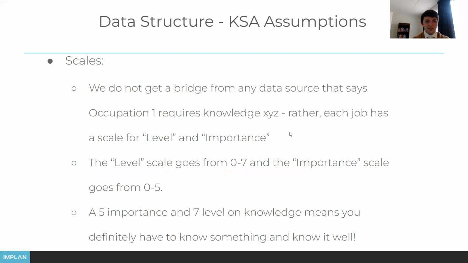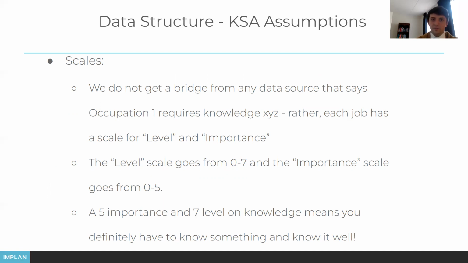So to address this, I first want to talk about scales. We do not have a bridge anywhere that says a certain occupation requires certain knowledge or skills. Rather, the raw data that the data team at IMPLAN receives has a scale for level and importance.